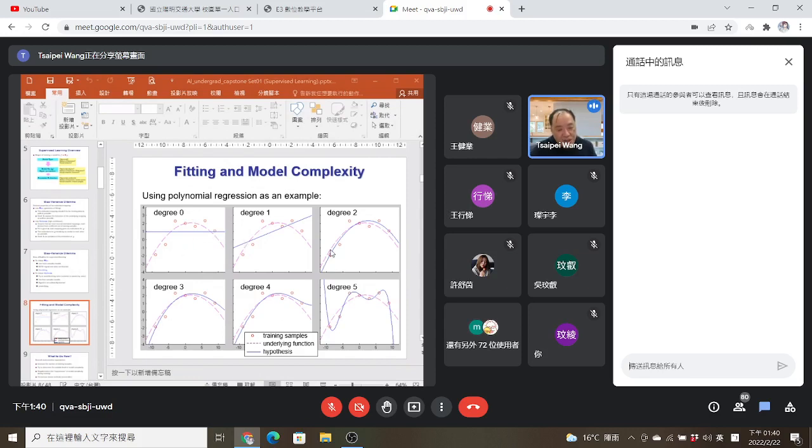Okay, that's a larger bias because the prediction, which is that straight horizontal line here, is very far from the samples, which are the small circles. And for the last one, the prediction really passes through the samples. Yeah, but this shape or behavior can be quite strange. Yeah, that's because of overfitting.